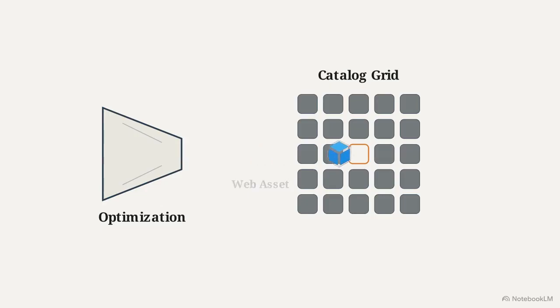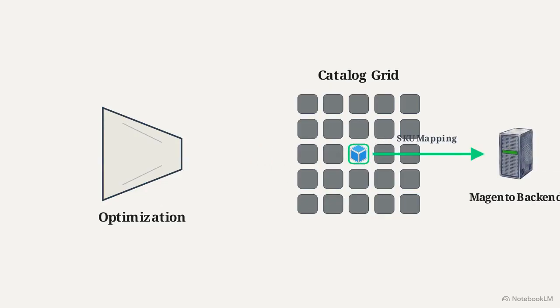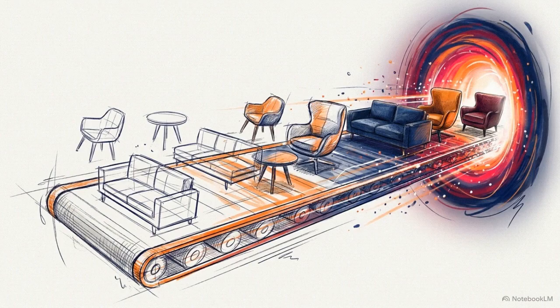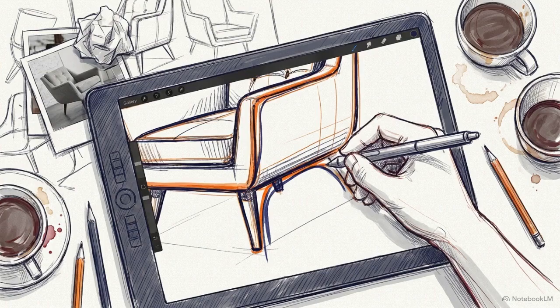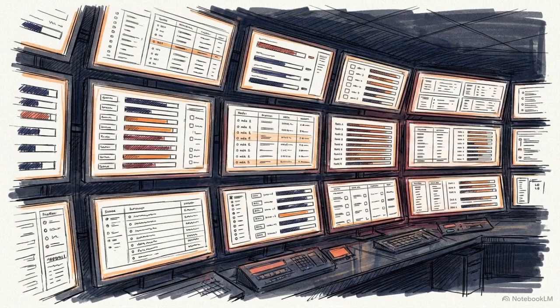By enforcing predictable file naming conventions, the Magento backend automatically maps the resulting assets to the storefront. This automated mapping eliminates the bottleneck of manual data entry, enabling the rapid, simultaneous deployment of hundreds of spatial assets. Scaling spatial commerce requires shifting your focus away from individual asset creation and towards systematic operational discipline.